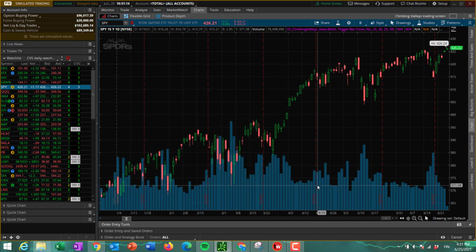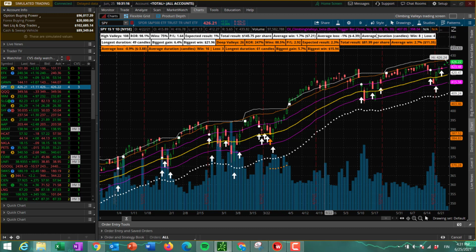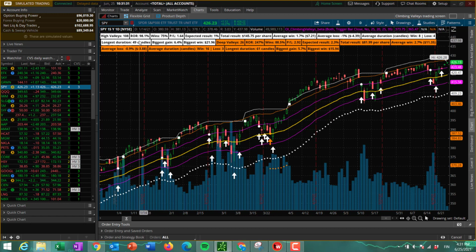That's basically me seeing here that the longest duration is 49 candles. So it means that if I give my trade, let's say, 60 days time, even in the worst case scenario, if we now have like 20% longer duration than ever before within the past 15 years, 3 out of 4 of my trades will hit the victory.